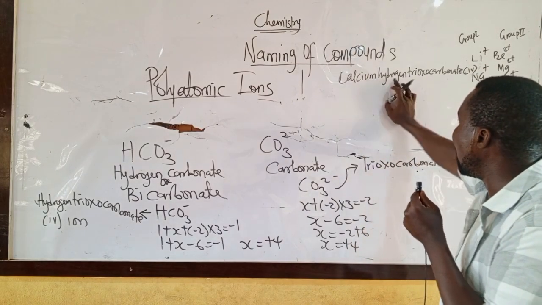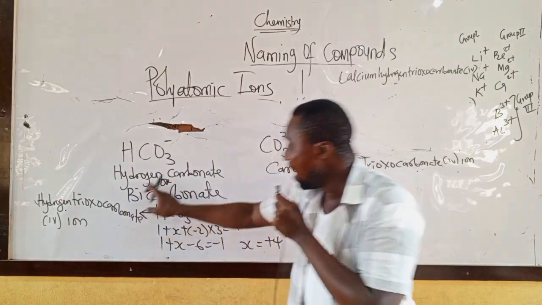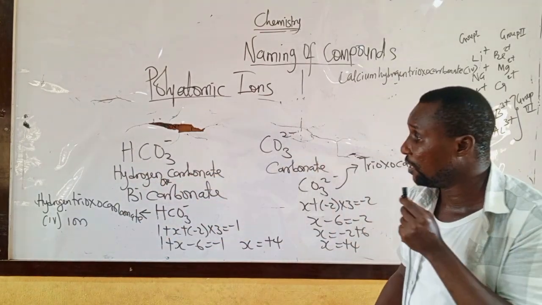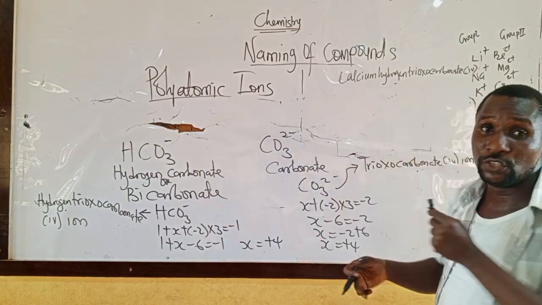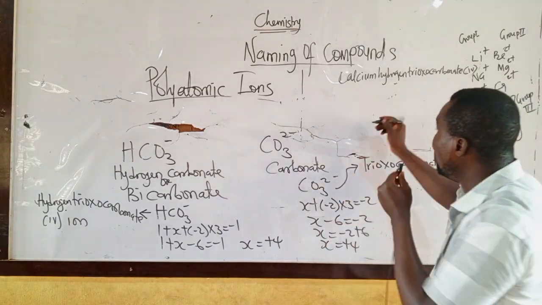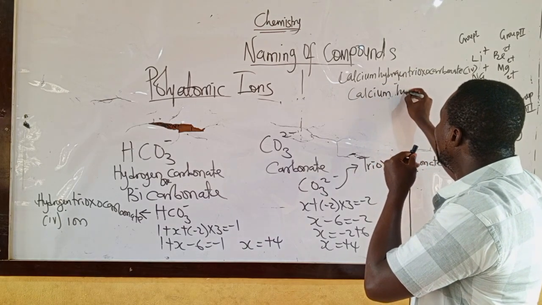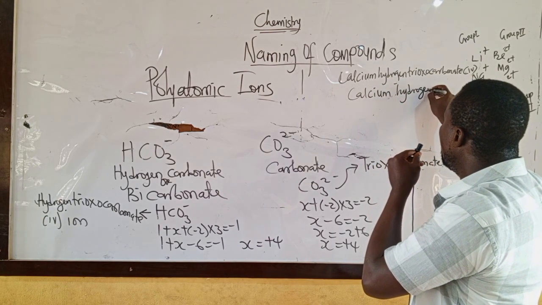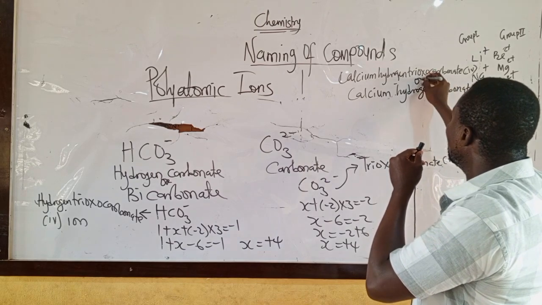That is calcium and hydrogen trioxocarbonate 4. This is hydrogen trioxocarbonate 4. And another name for hydrogen trioxocarbonate 4 is hydrogen carbonate. I can say calcium hydrogen what? Carbonate. I can call it calcium hydrogen carbonate. That's another name.